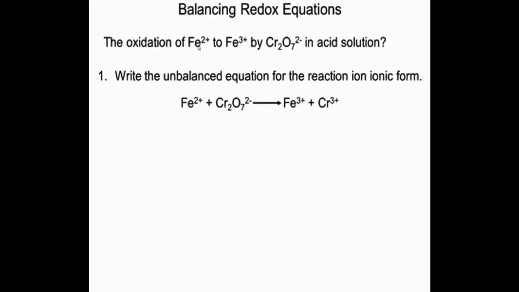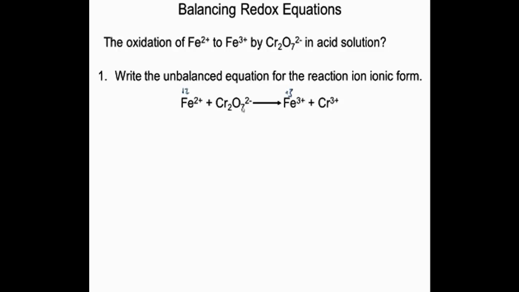We have Fe, and it is being oxidized. All right, so it's losing electrons, so really its oxidation state is increasing. And on the other side of our reaction, we have dichromate, and this chromium ion must be being reduced. So if we look at oxidation states, our Fe is its charge, so +2, and this Fe is a +3.